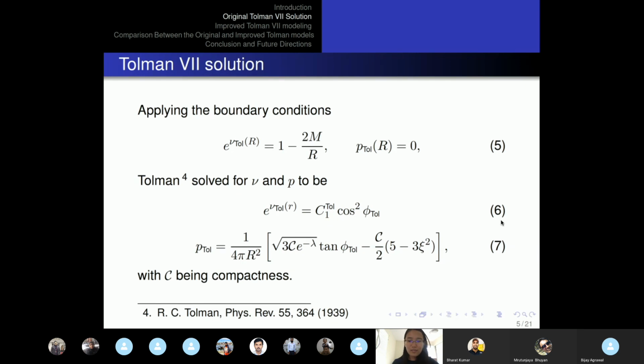And in equation 6, in the phi Tolman expression, there is also an integration constant, and I didn't write it here. There are two integration constants in equation 6.